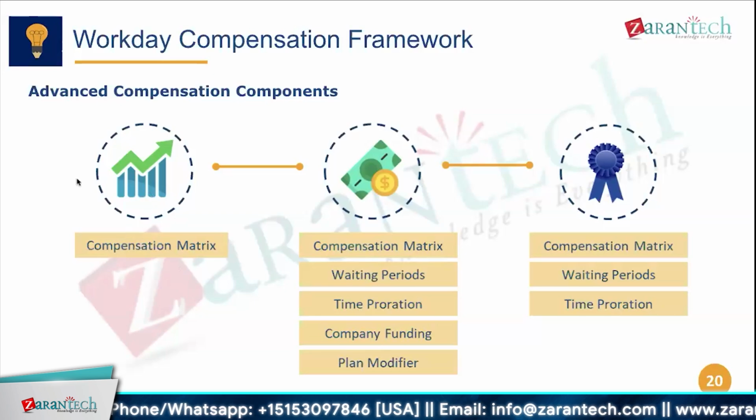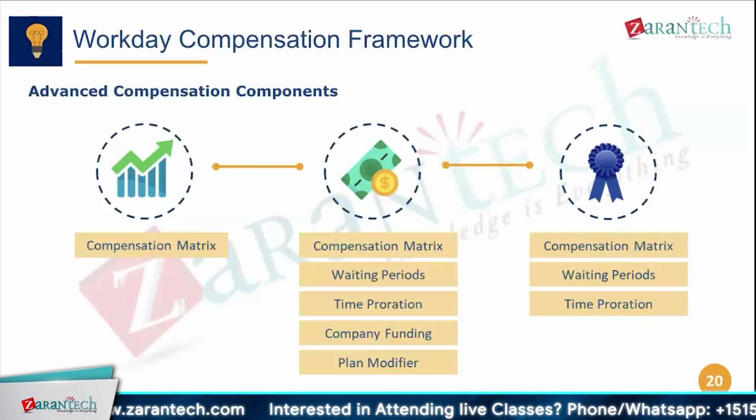All of that you can feed into a matrix and say, okay, if person X belongs to USA, is on this level of the job, has got this rating and performance, gets this much percent increment or merit or bonus, right?